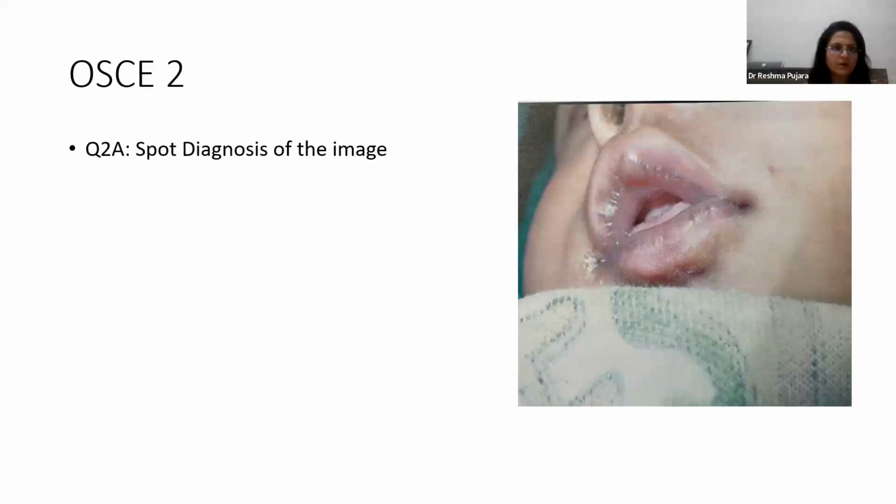I hope it's visible properly to everyone. Yes, it is visible. Okay, sucking blister. Two people have answered sucking blister. One person is saying herpes.